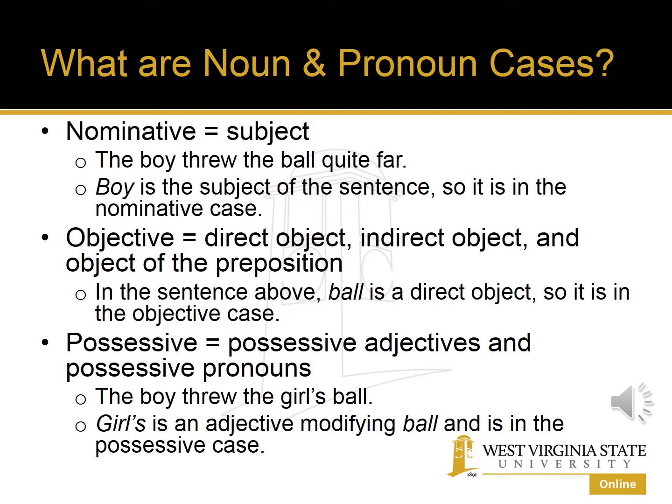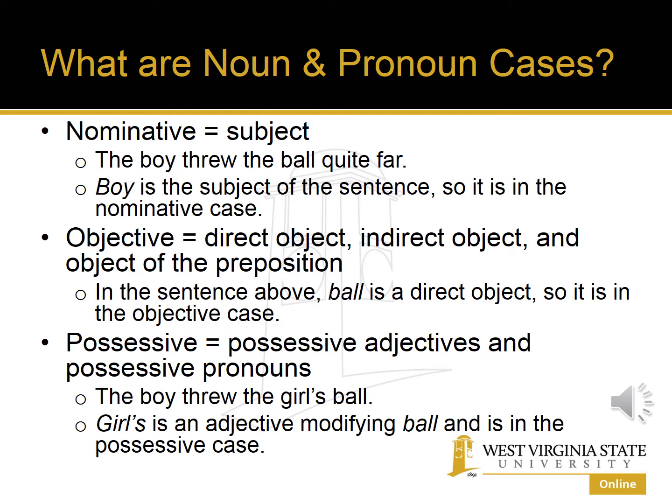The direct object, the indirect object, and the object of the preposition are all separate cases. So be happy that English has folded all of those into one case. So in the sentence, "The boy threw the ball quite far," the direct object of the sentence is ball. So it's in the objective case.